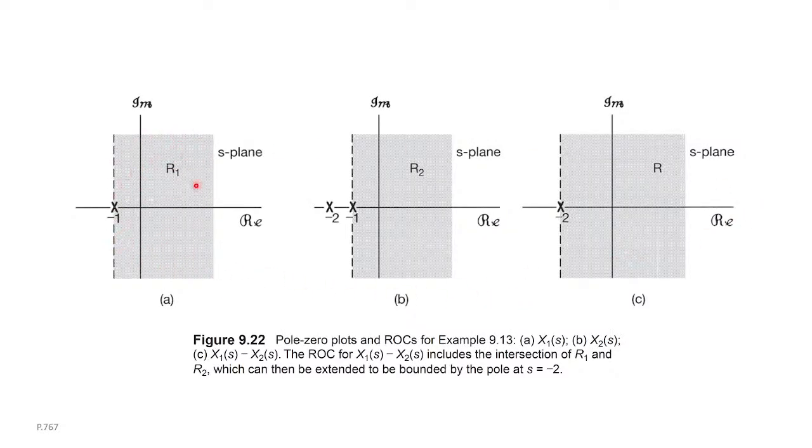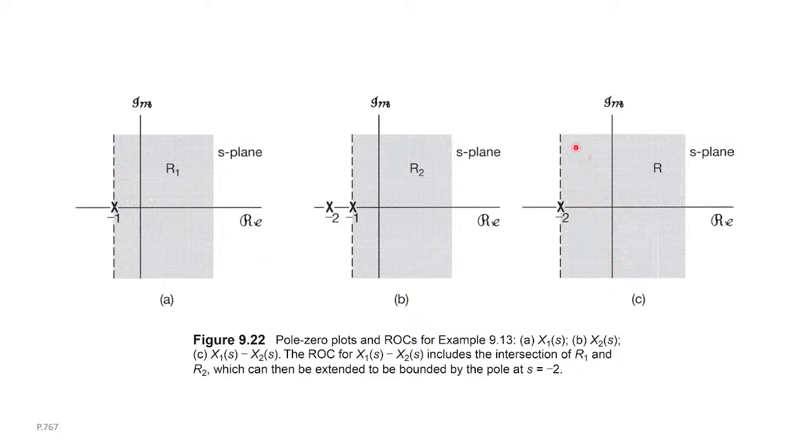Here is the picture of this example. The first Laplace transform has the pole at -1, and the ROC is this positive part. The second function has a -2 pole and a -1 pole, and the ROC is also this positive part. When you take the difference of them, this -1 pole happens to cancel out, and you are left with this -2 pole.